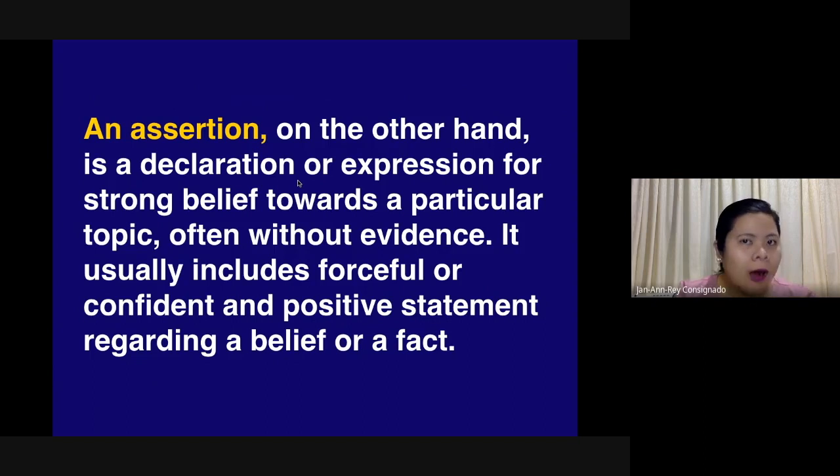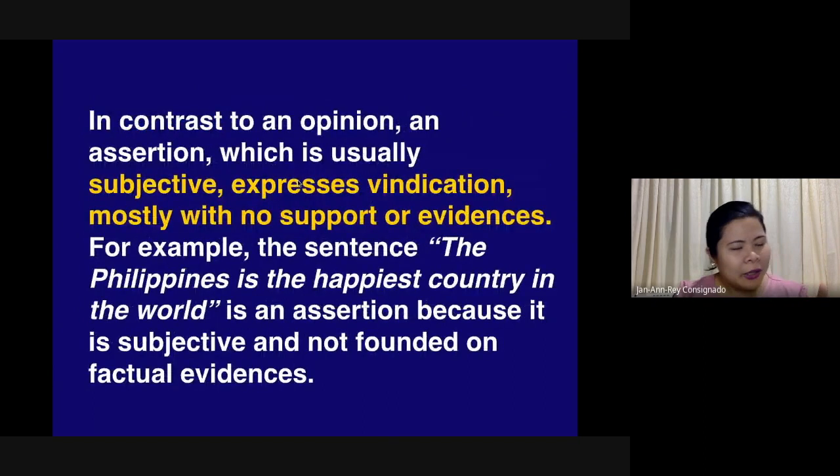That is an assertion. In contrast to an opinion, an assertion, which is usually subjective, expresses vindication mostly with no support or evidences.